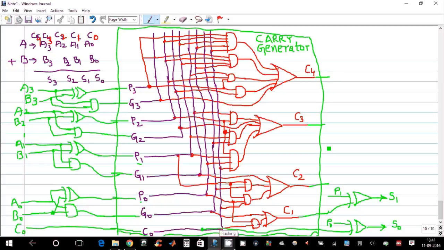Similarly, I am assuming P2 is also available with me, so this XORing will directly give me S2. Similarly, S3 is the XOR of my P3 with C3.